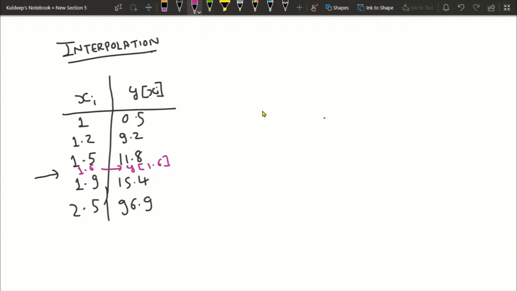So this is why we use interpolation. Now here you can see that these intervals are not equal intervals: between 1 and 1.2 the spacing is 0.2, here the spacing is 0.3, from 1.5 to 1.9 the spacing is 0.4, and here it is 0.6. So this is known as interpolation with unequal interval.